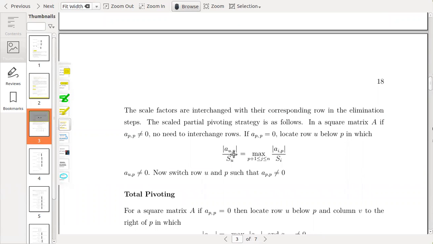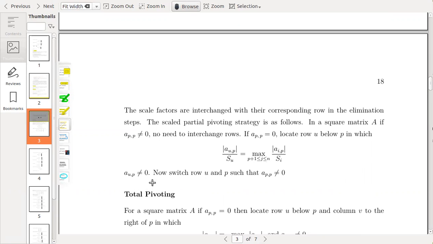A_up is an element below A_pp, and this element will be divided by S_u, and S_u is a scaling factor, which is the maximum value in the whole row of the matrix. So then we will get the different entries, and the maximum of these entries will be the scaling factor.